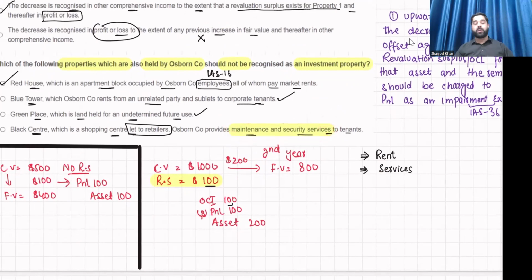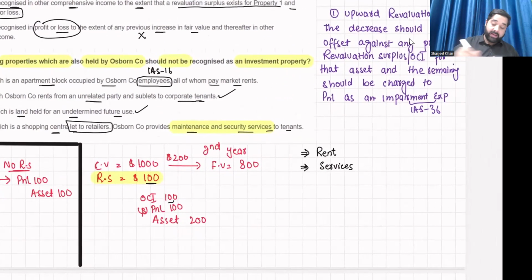So which standard should be applied? Should we apply IAS 40 because Osborn Company is earning the rental income, but Osborn Company is giving other services and charging the retailers for the other services as well? So for other services, we should apply IAS 16 property, plant and equipment.